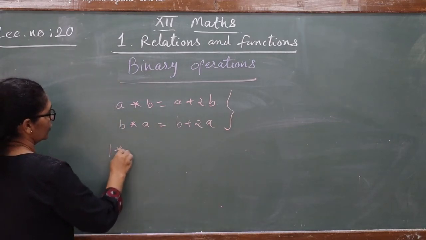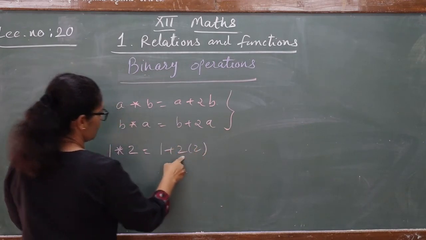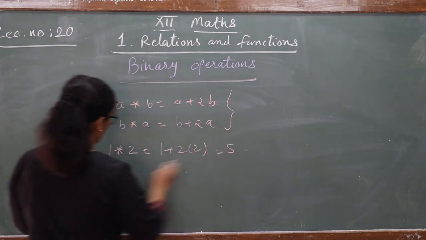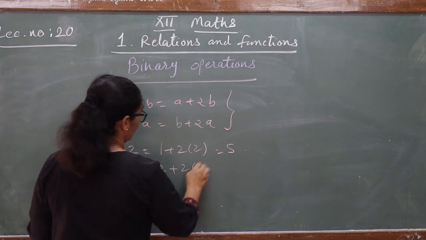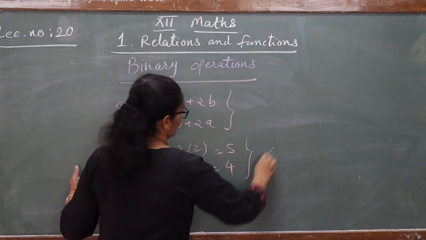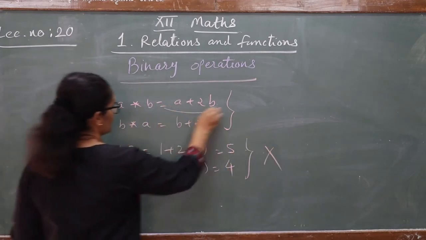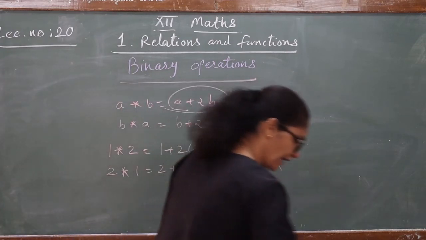Let's take 1 and 2, this is the easiest way. 1 asterisk 2: 2 twos are 4, and 1, 5. Similarly, 2 asterisk 1: 2 plus 2 into 1, so 2 twos are 4. It is not commutative. If your term is given as a plus 2b, then it is not commutative. We have proved it. Check your next question.